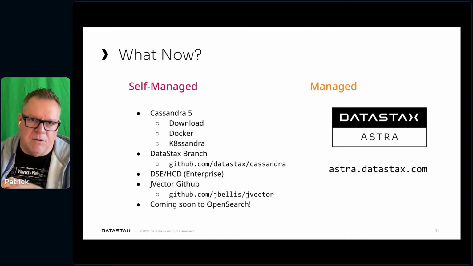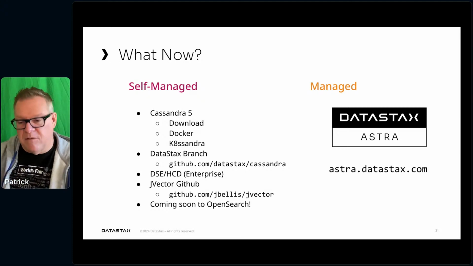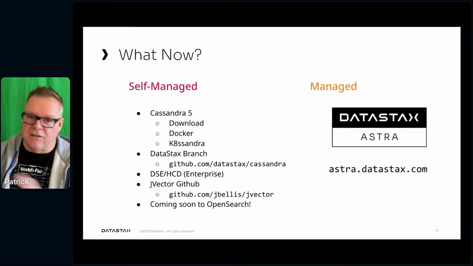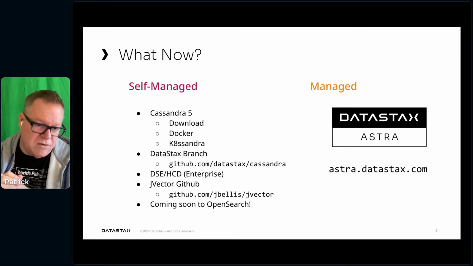But this is a really cool thing that a lot of the major committers do on the project: we upstream all our changes through a process called the Cassandra Enhancement Process. So if you want to see what's coming, you can see what Apple's working on, what Netflix is working on, what Uber's working on. It's all in the CEPs. And all of the things that we're working on at DataStax are there too.